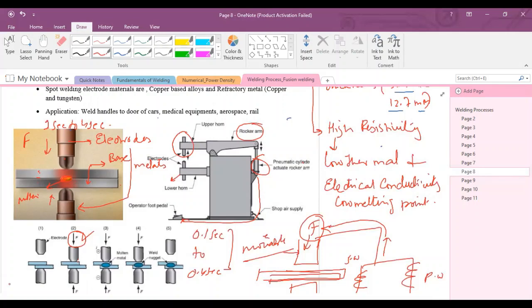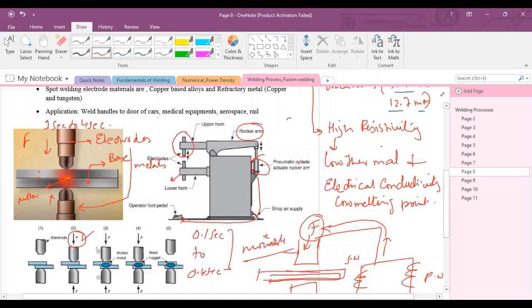These are the three prerequisites for spot welding. The base metals which are going to be welded should have high resistivity, low thermal conductivity, low electrical conductivity, and low melting point. Due to high resistivity, the temperature between the faying surfaces of the base metal will increase, and heat will be produced, and that generated heat is responsible for melting the faying surfaces of the base metal.